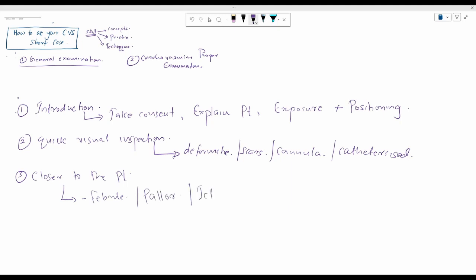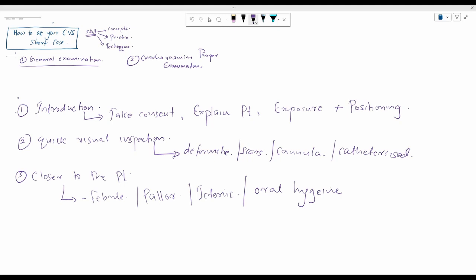Then, whether there is any icterus, yellowish discoloration of the sclera. Then, quickly check the oral hygiene. You tell the patient to open the mouth and see if there are carious teeth and if the oral hygiene is quite bad, because if the oral hygiene is quite bad, this could even be a case of infective endocarditis. So this could be the source.